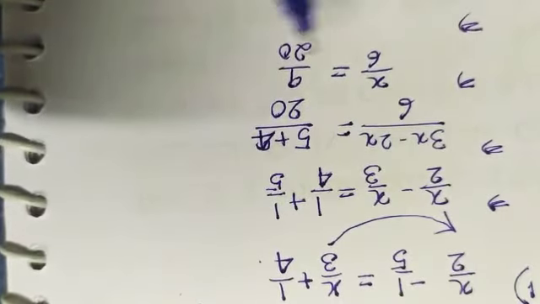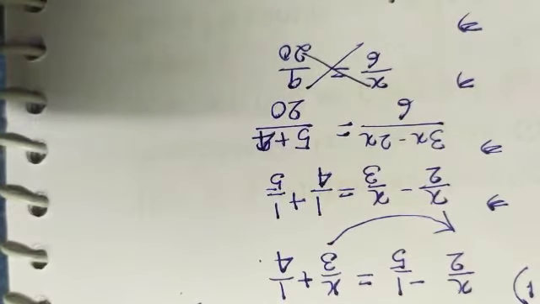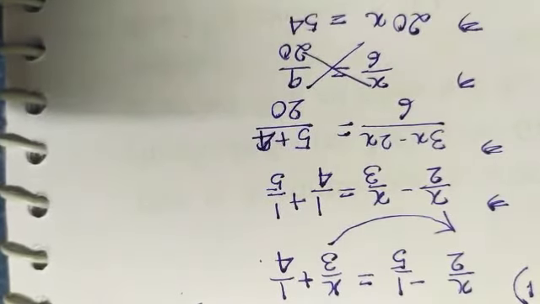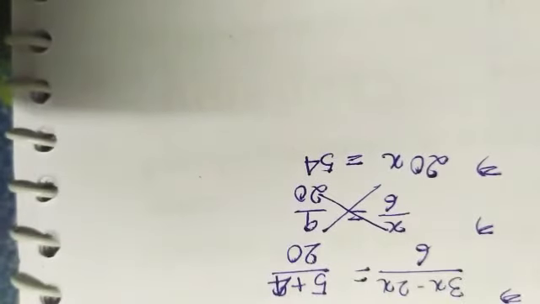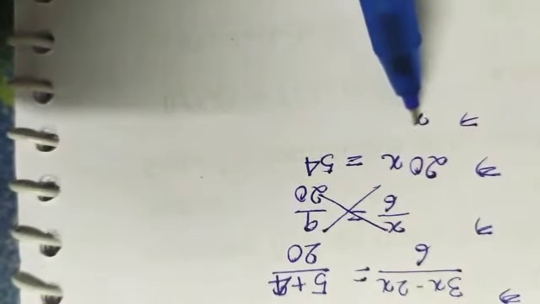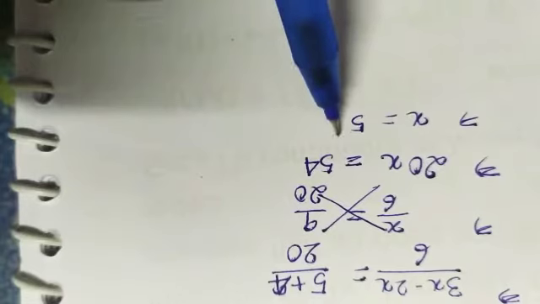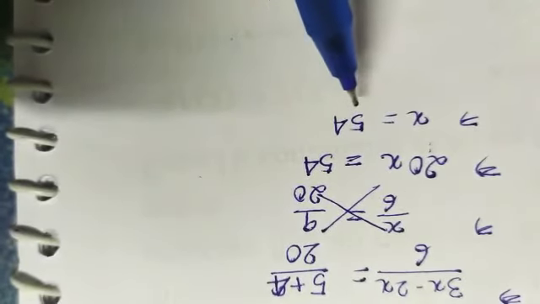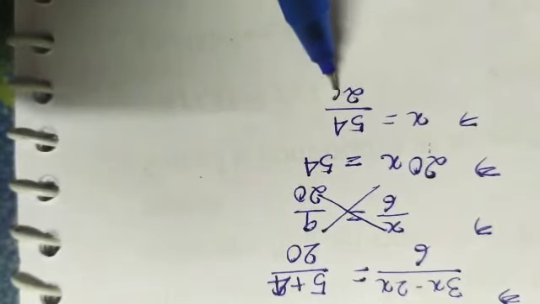Now we know that whenever we come across this kind of situation, we need to cross multiply. So it becomes 20x, 20 into x is 20x, and 6 into 9 it becomes 54. Hence we have 20x equals 54. Since it is multiplied here, when it goes to that side, it changes its operation, that is, it becomes division.